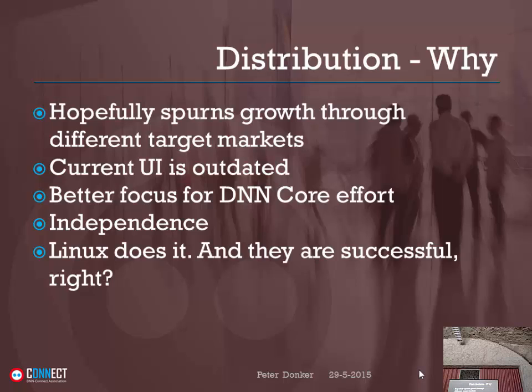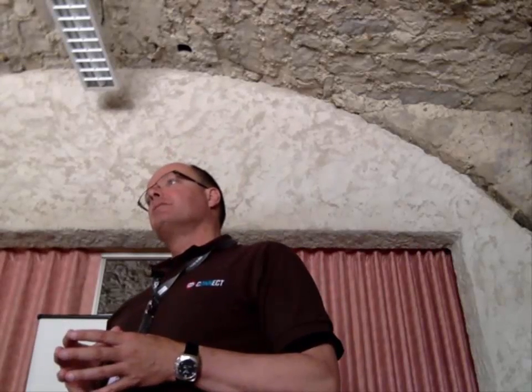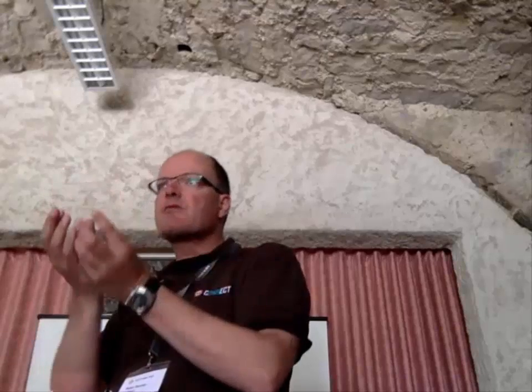A DNN distribution is really modeled after Linux for me. With Linux, there's a group of people headed by Linus Torvalds that define what is really the core of Linux. But the graphic shell, there are various of them, right?